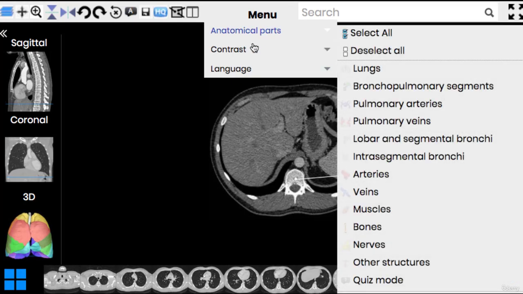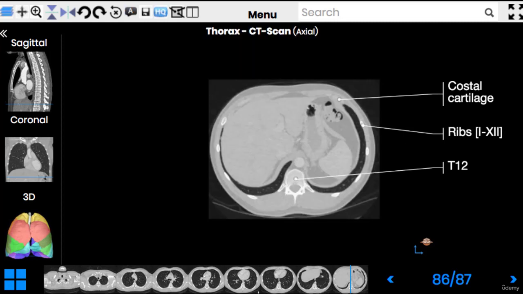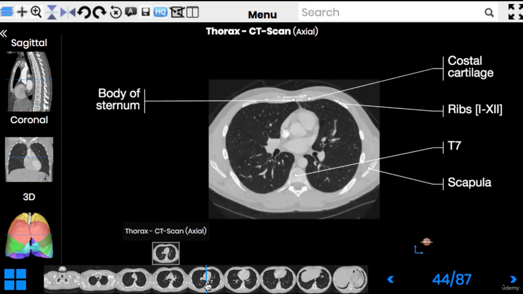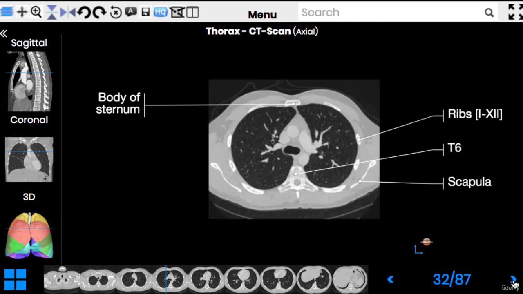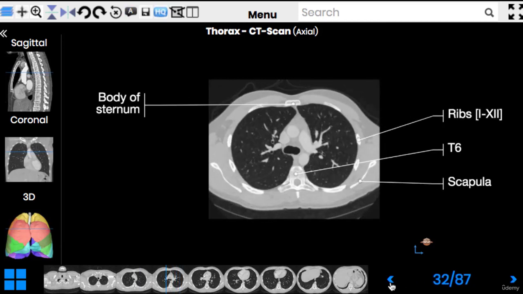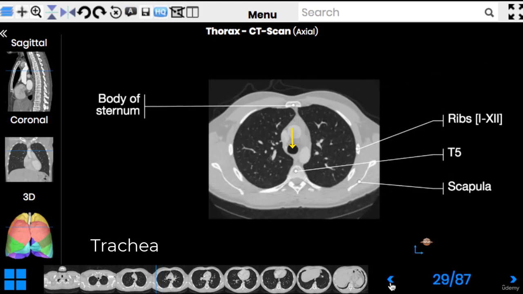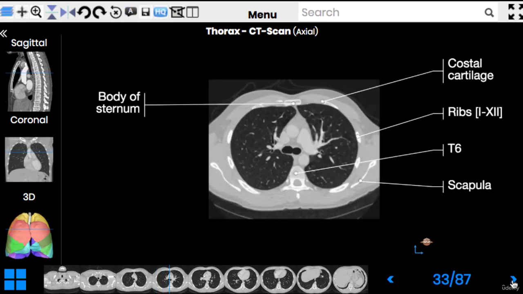Okay, let me change the settings now to the parenchyma and scroll up to the level of the pulmonary trunk. Again, this level, and look at the trachea. The trachea is much better visible in the parenchyma mode. At the level of T5, you see how the trachea bifurcates. It divides into two.